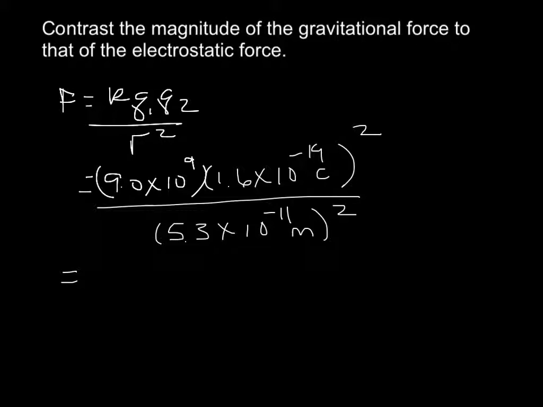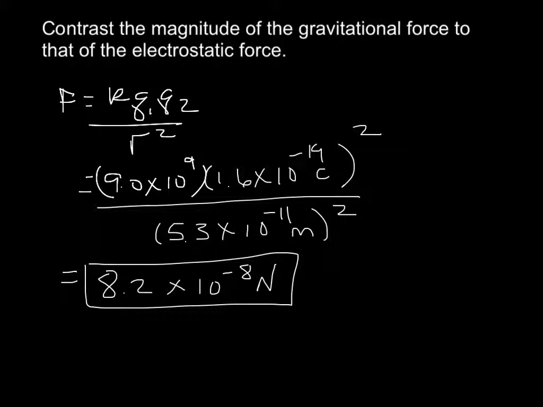And I'm going to give you a second to calculate. And you should come up with something along the line of 8.2 times 10 to the minus 8 newtons. And that is going to be the electrostatic force between the proton in the nucleus and the electron.